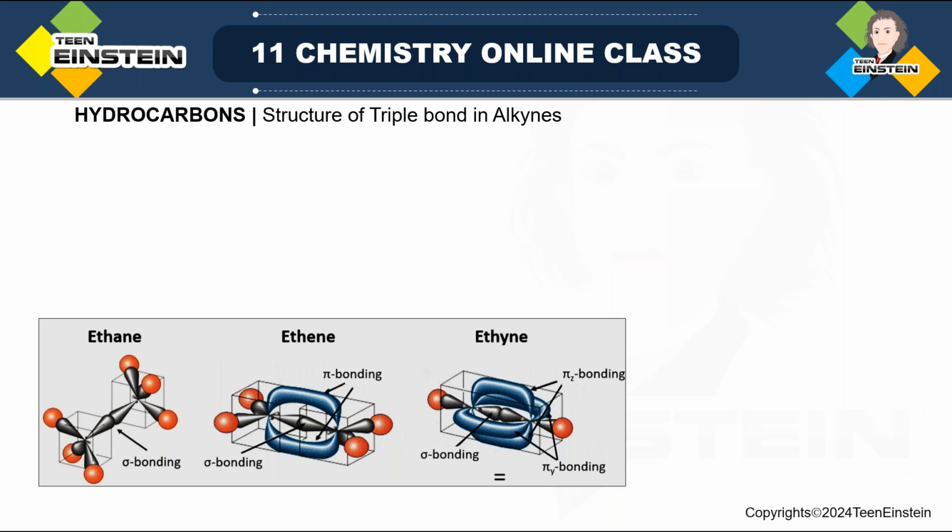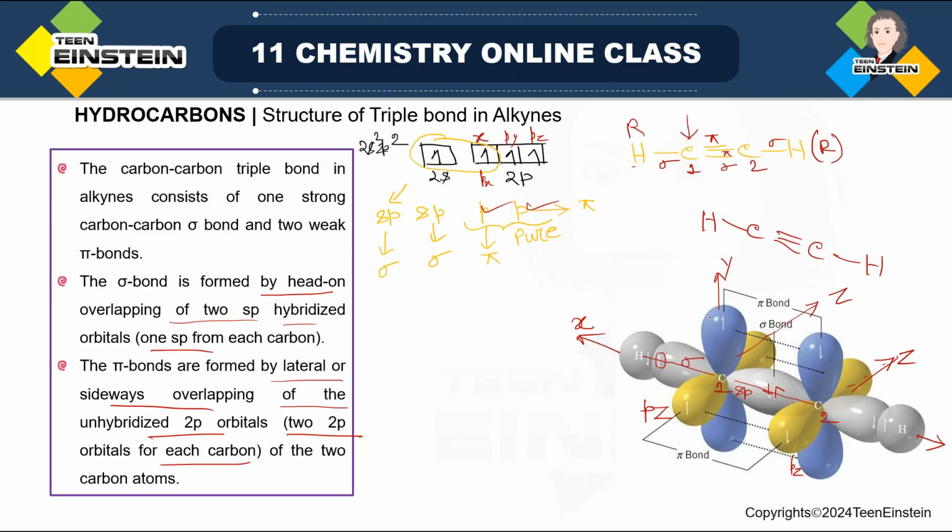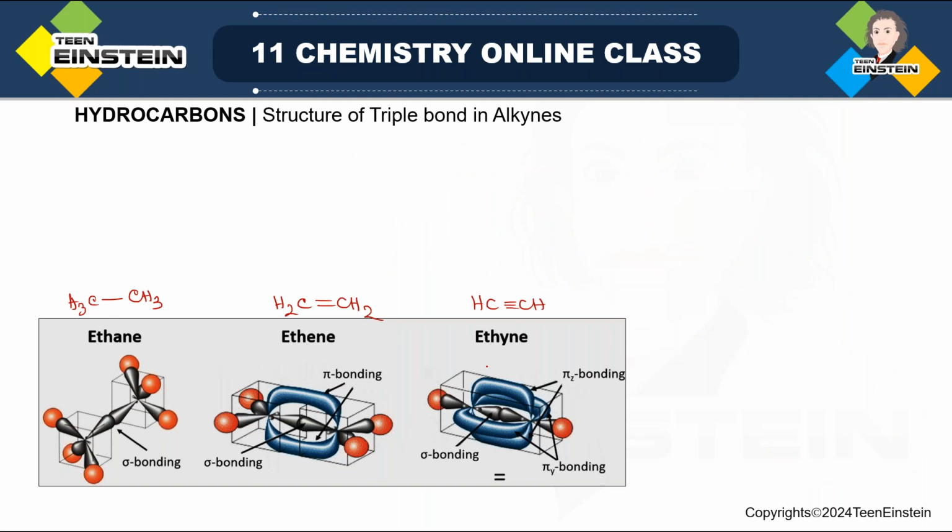Now we have all the 3 molecules: ethane, H3C-CH3 or C2H6, then H2C double bond CH2, and HC triple bond CH. Now, as I have said, in the previous picture you can see this blue is separate, this blue is separate, but when there is lateral overlap, the actual diagram is basically like this.